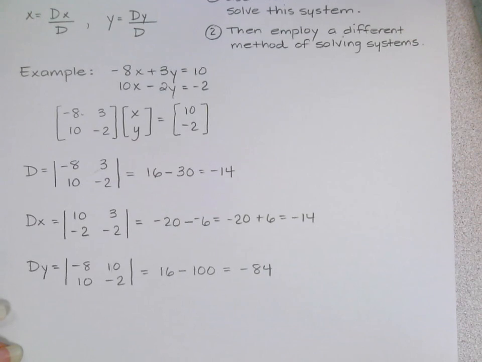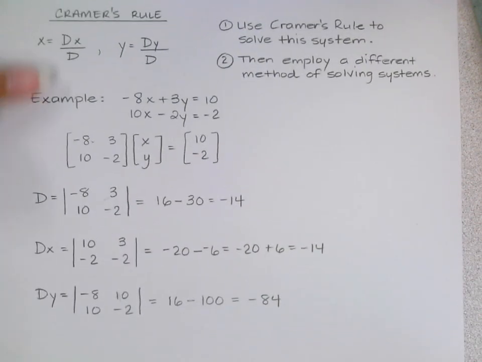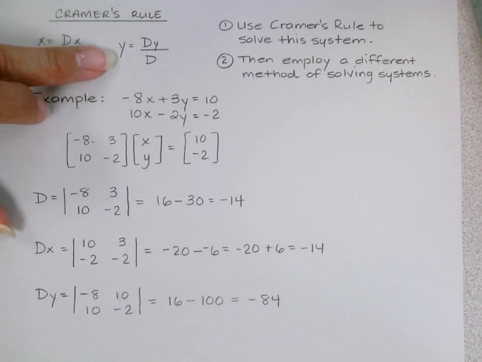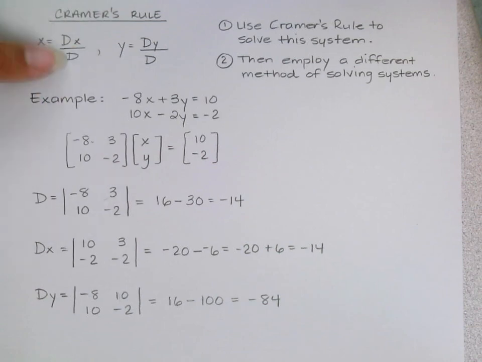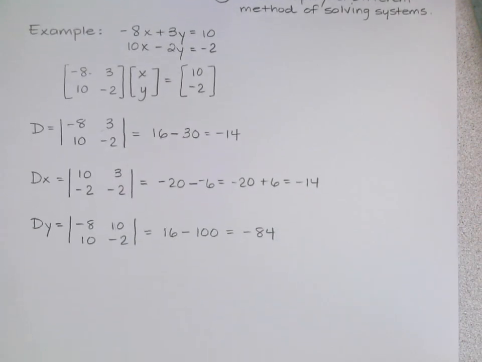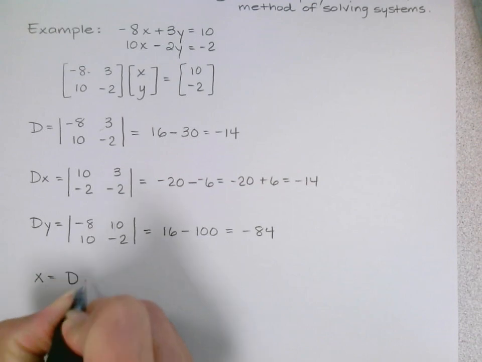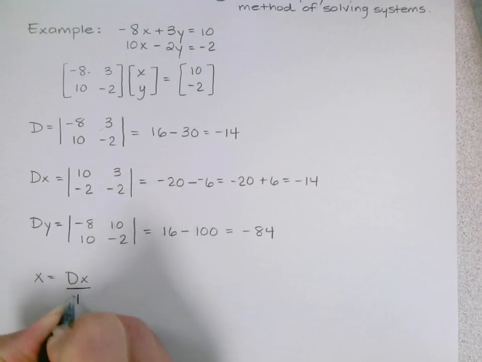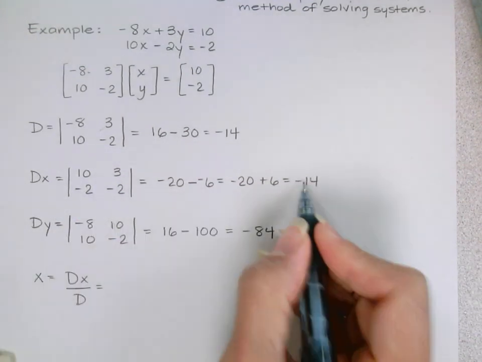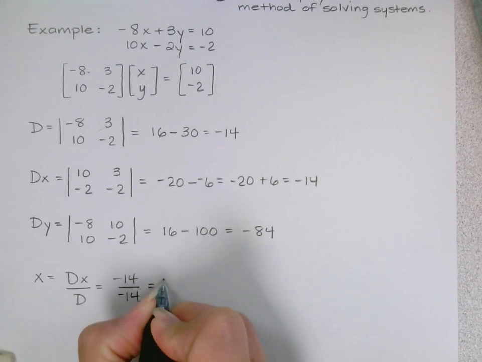Now, once you have done all of that, we can go ahead and find our x and our y by fulfilling that formula. So I'm going to raise this up a little bit. So x equals D sub x over D. So we're going to take the negative 14 divided by the D that we got, 1.